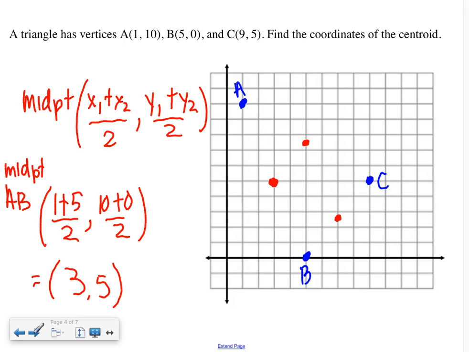Hopefully for AC you got what? 5, 7.5. Okay, now connect from your vertices to the appropriate midpoint.